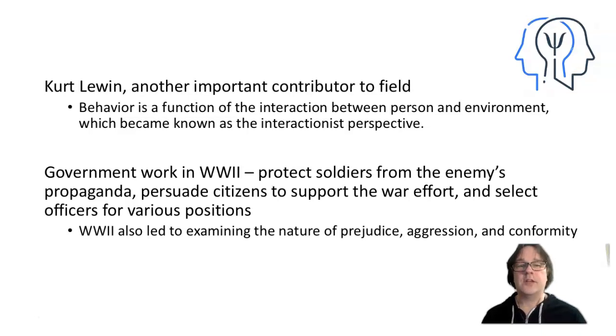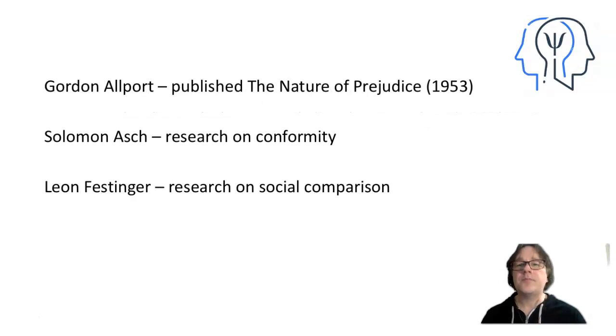World War II also led to examining, again, the nature of prejudice, aggression, and conformity. So some names that you should keep in mind: Gordon Allport, very important researcher in the field of prejudice and discrimination. In 1953, he published his book, The Nature of Prejudice. Solomon Asch is a name that we're going to revisit once we get to the chapter on conformity.